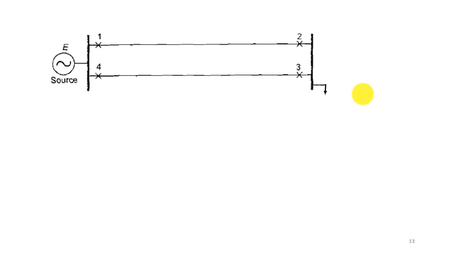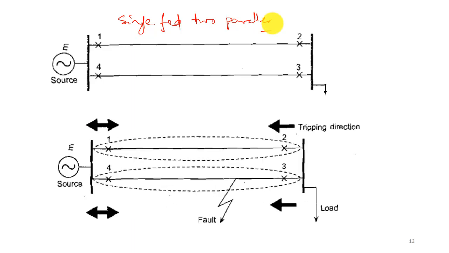Here, though it is a single end feeder, it has two parallel lines. So here also we need a directional relay.